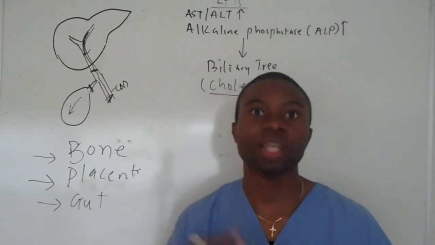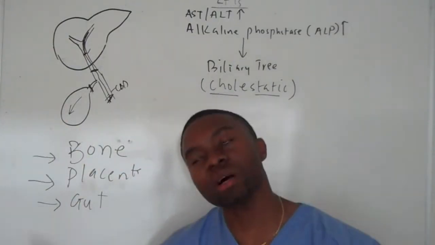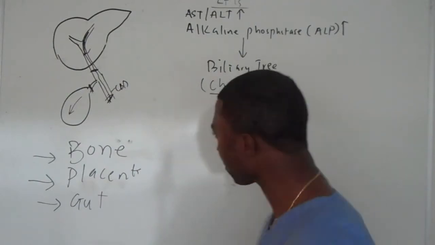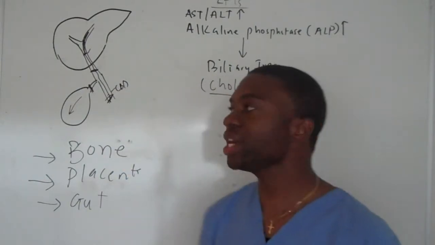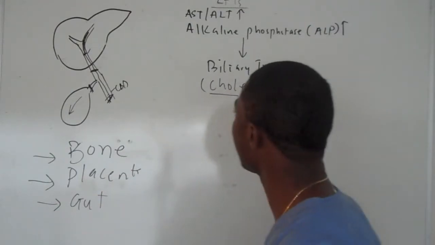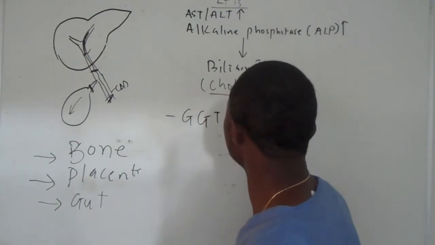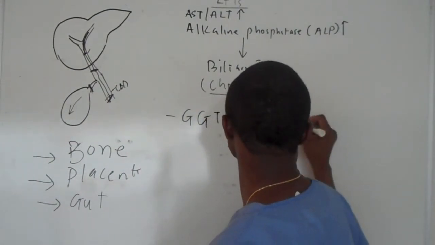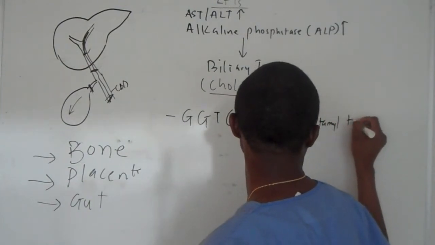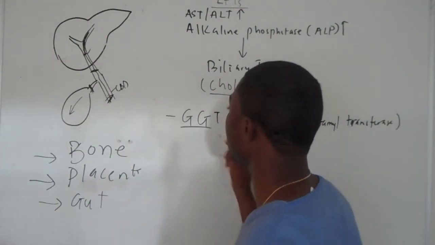The good news is, now you got smarter, because now you have to broaden your perspective. You can't just focus on ALP as just bile. You've got to man up, it could be coming from the bone. How do I know it's not coming from the bone? There's one more test we order. It's called GGT, gamma-glutamyl transferase.